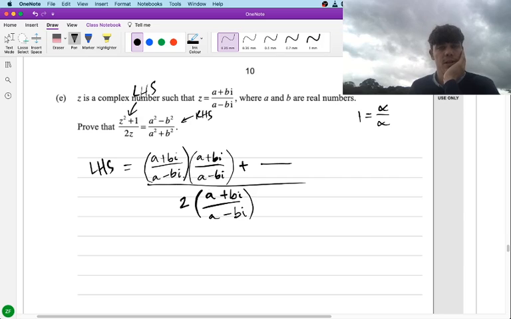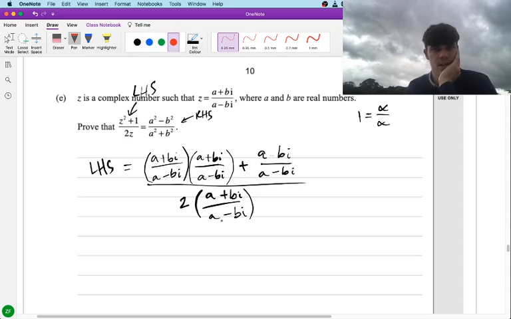See this A minus BI and this A minus BI. I want to get rid of that. So in order to do that, my alpha today is going to have to be A minus BI over A minus BI. So that's going to cancel. Let's do red for cancellation. That is going to cancel with that.